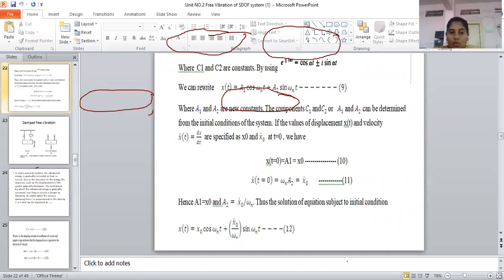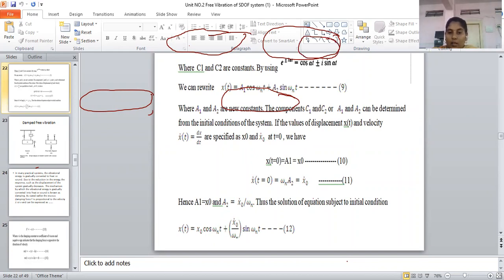Critical damping Cc is defined as the value of damping C for which the value of the radical part becomes zero. So what is the radical part over here? From this S1 and S2, the radical part is like this.